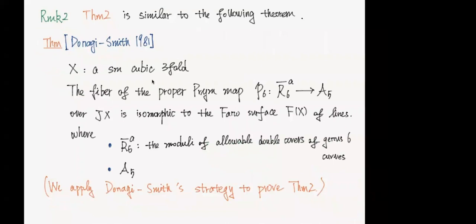And then let me make a couple more remarks. One remark is that Theorem 2 is about the positive dimensional fiber of a Prym map, and it's similar to the following theorem by Donagi and Smith.